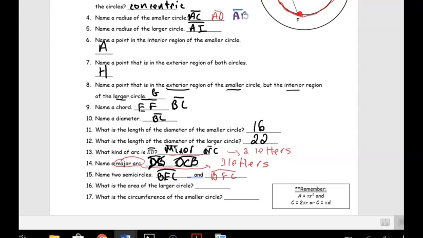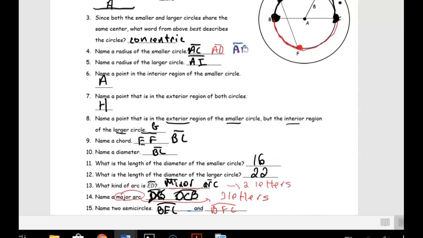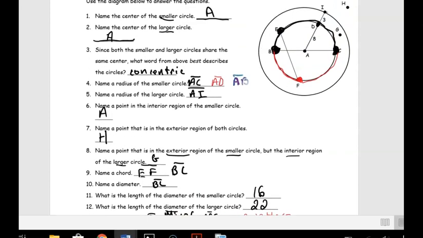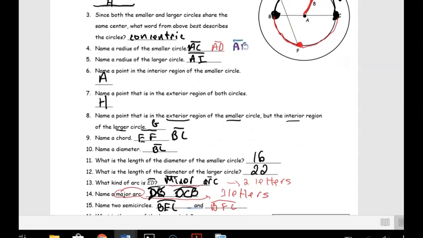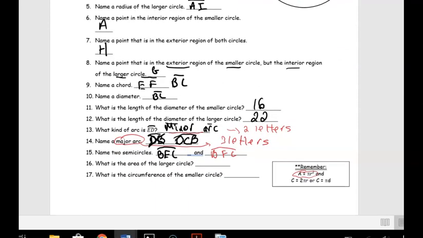16, 17, this was yesterday's homework, a little refresher here. What is the area of the smaller circle? That's our area formula. For this problem, we can see that the radius of our small circle was 8. So the area would be pi times 8 squared, so 64 pi.